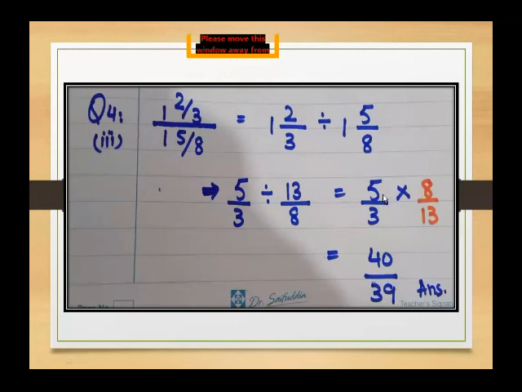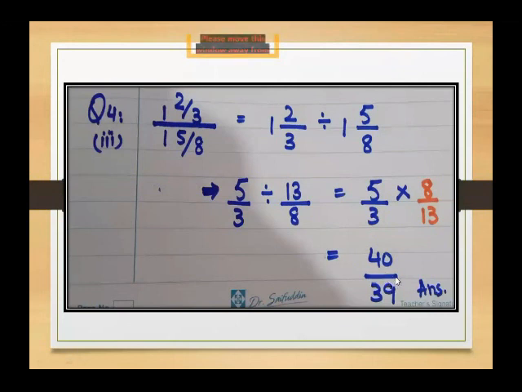So we will multiply the numerators and multiply the denominators. 5 8s are 40, and 3 13s are 39. Since 40 is greater than 39, this is an improper fraction.